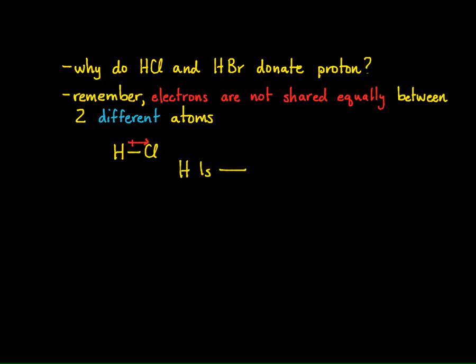So of course hydrogen has its 1s orbital. And when we think about chlorine, chlorine has 7 valence electrons in the n equals 3 level, right? And therefore we have the 3s orbital and the 3p orbitals.